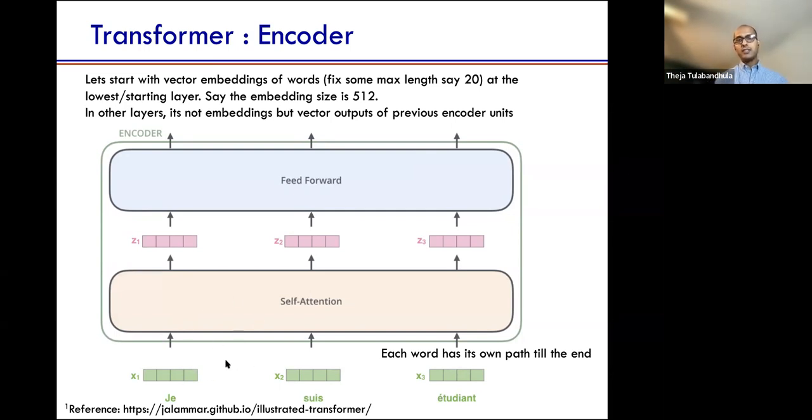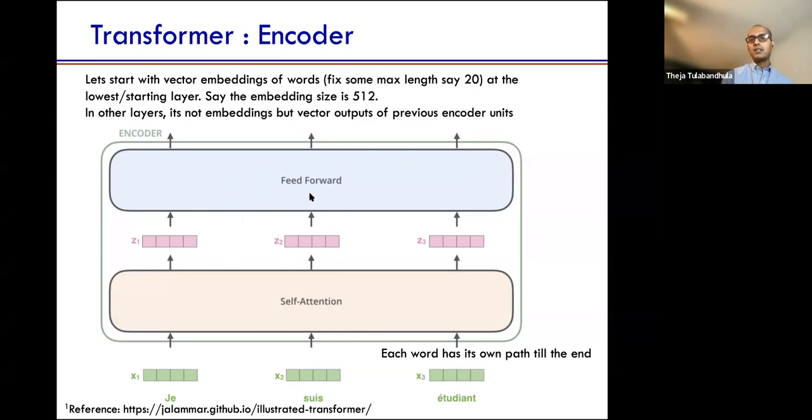Although I'm talking about the first encoder layer, this outermost green box, the other encoder layers that follow will be the same, except the inputs are not going to be word embeddings. The inputs are going to be just the outputs of the previous encoder unit. That's all.